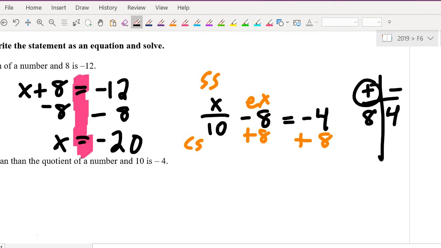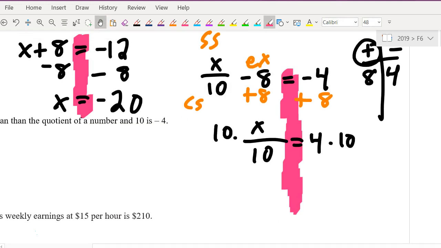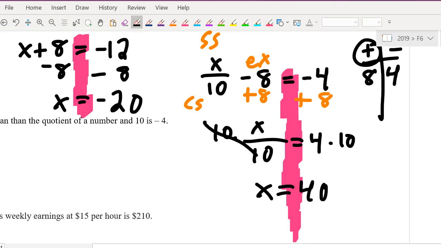That makes positive 4. Times 10 on both sides. Oh, I better put my line. Line. Line. Okay. All right, x is equal to 40. And yes, that's true. 40 divided by 10 is 4. 4 minus 8 is negative 4. So we could check it.